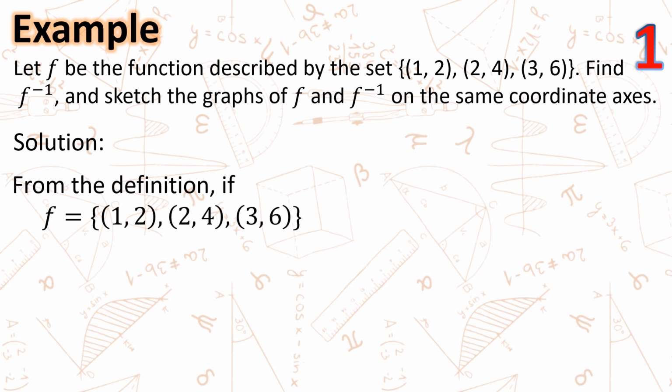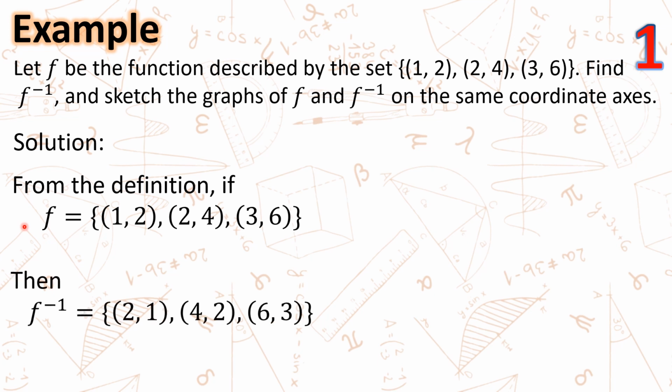From the definition, if the function is the set of ordered pairs (1, 2), (2, 4), (3, 6), then the inverse of f will have the ordered pairs (2, 1), (4, 2), (6, 3).